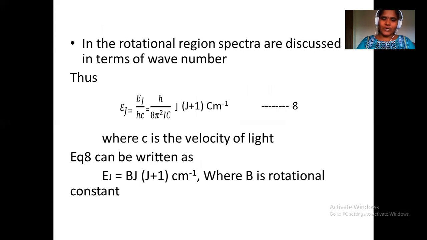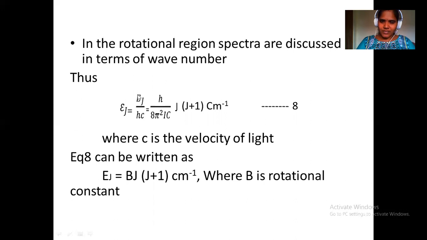In rotational spectroscopy we use wave number, so the energy can be represented in terms of wave number. We know the relation: E is equal to h nu, or E is equal to hc by lambda, which is equal to hc nu bar. So nu bar is equal to E by hc.